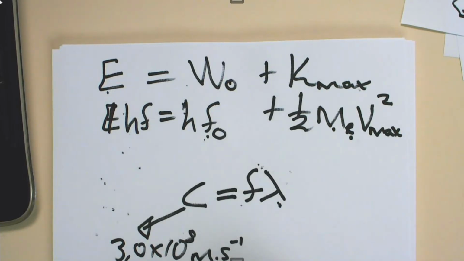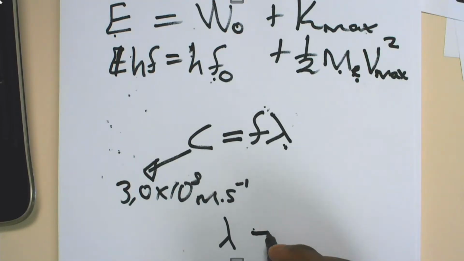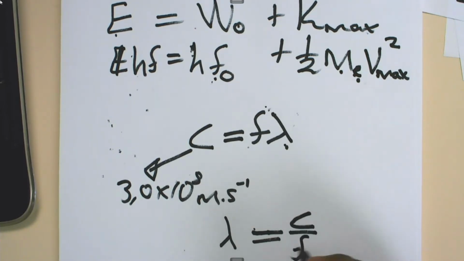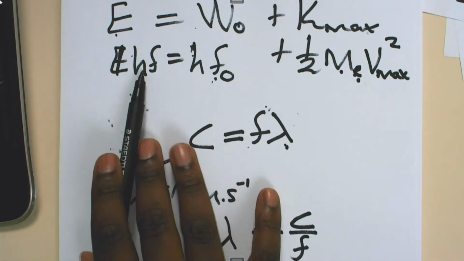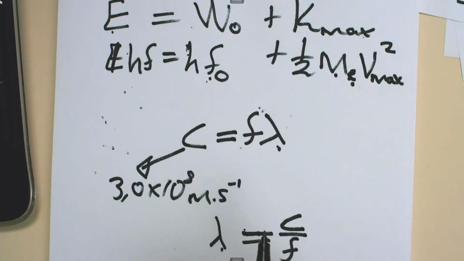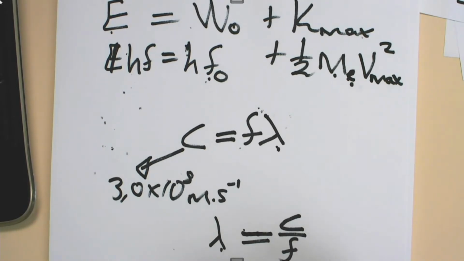So if we make frequency the subject of the formula, we say frequency is equal to c divided by wavelength.